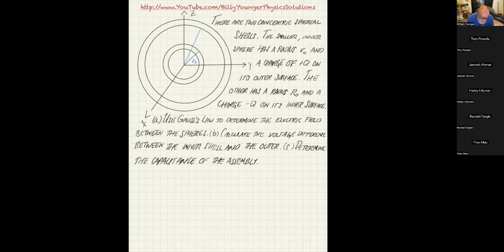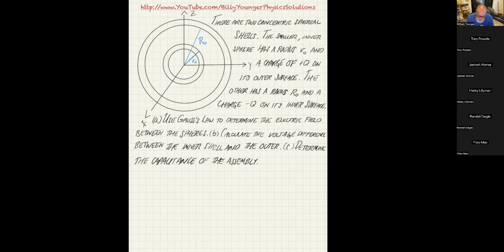Let me draw that with a different mode on. Okay. So that's the radii we're talking about: the outside radius of the inner shell and the inside radius of the outer shell.